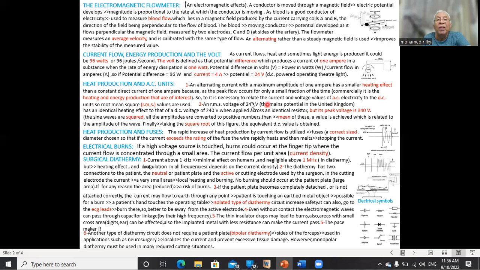So the alternating current has a peak effect. It goes upwards and downwards with a peak effect, creating a sine wave. On the other hand, the direct current is going straight forward.